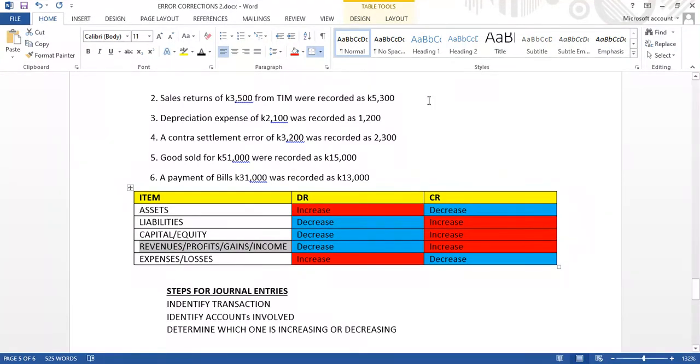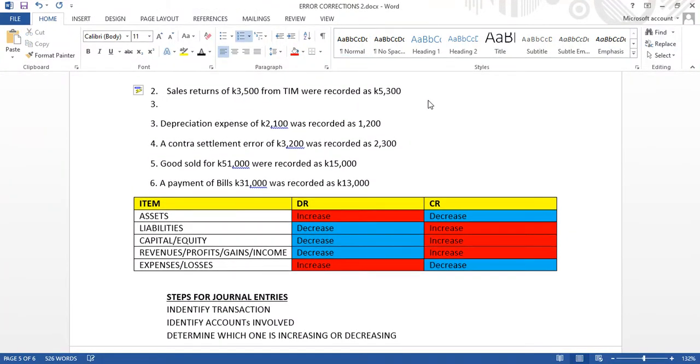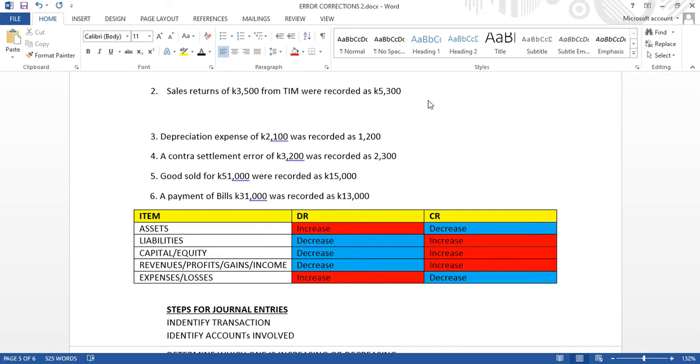So let's put the transposed journal entry. Return inwards, a contra revenue account, we debit. It was recorded as 5,300 instead of 3,500.